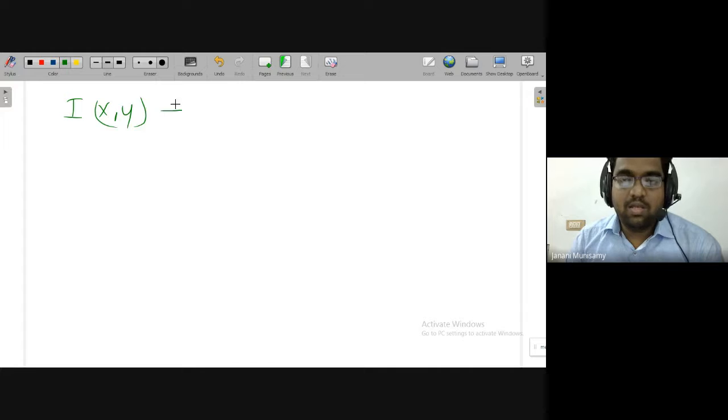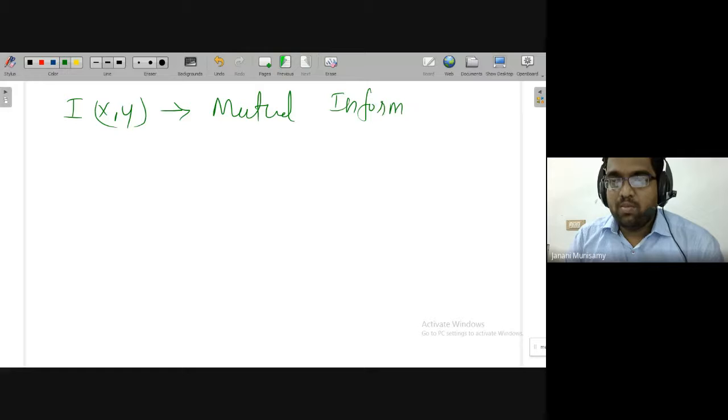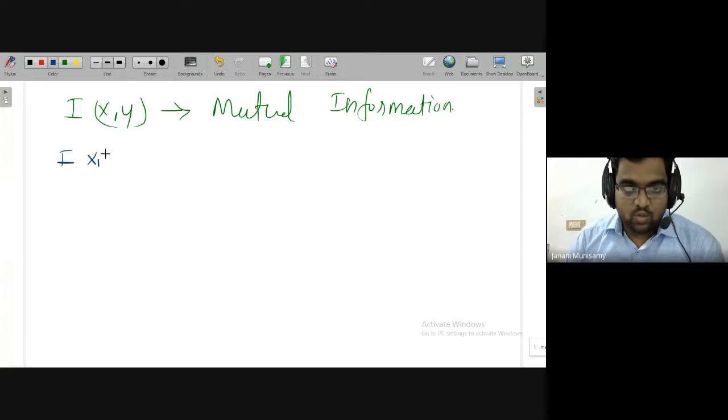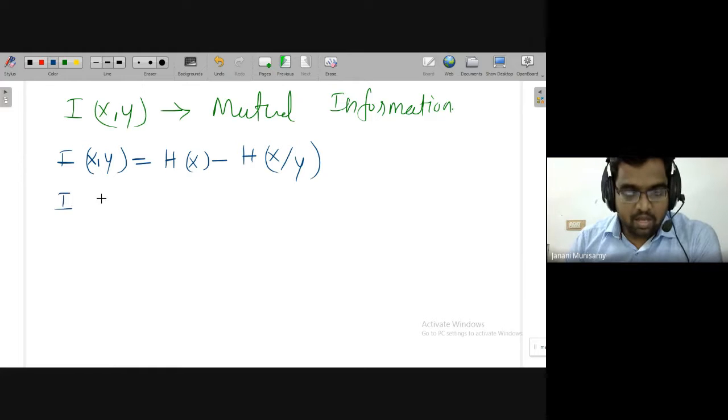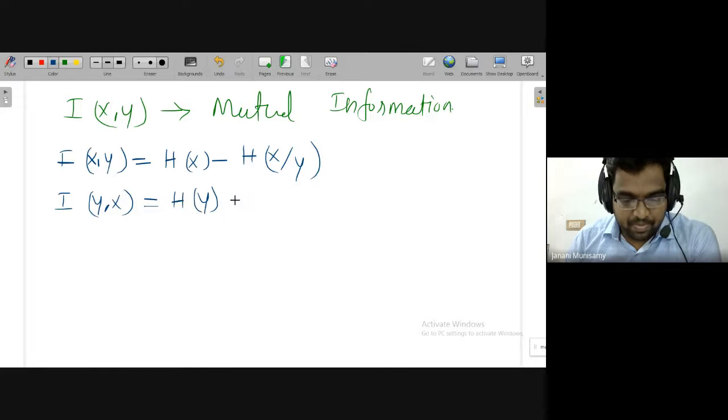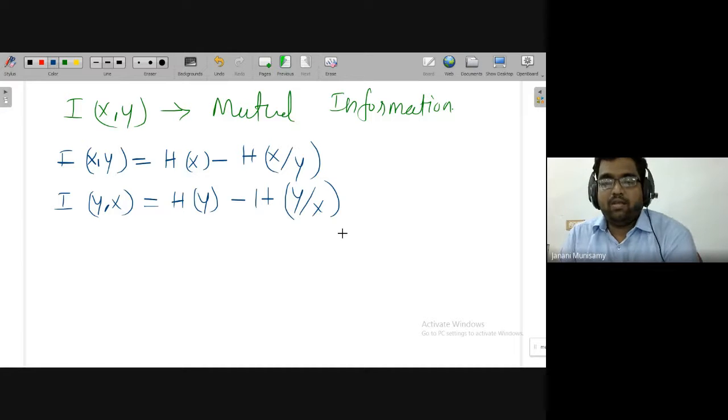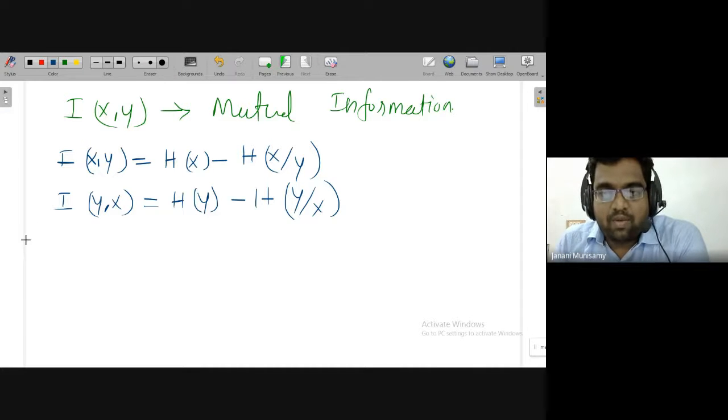I of x, y can be defined as h of x minus h of x given y, or otherwise I of y, x is equal to h of y minus h of y given x. So this is the mutual information.